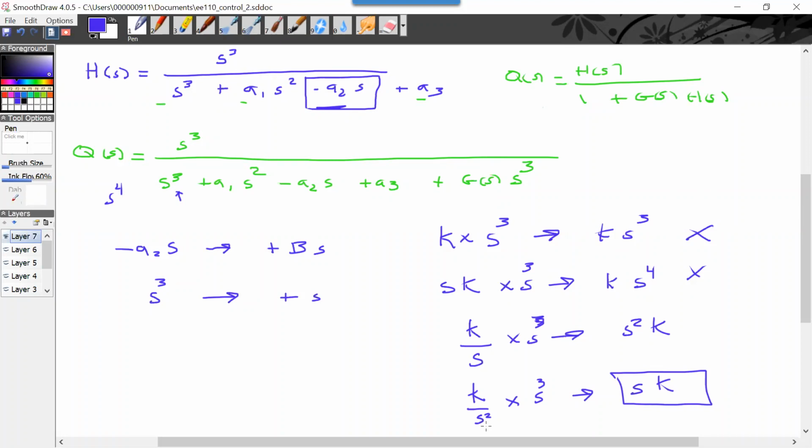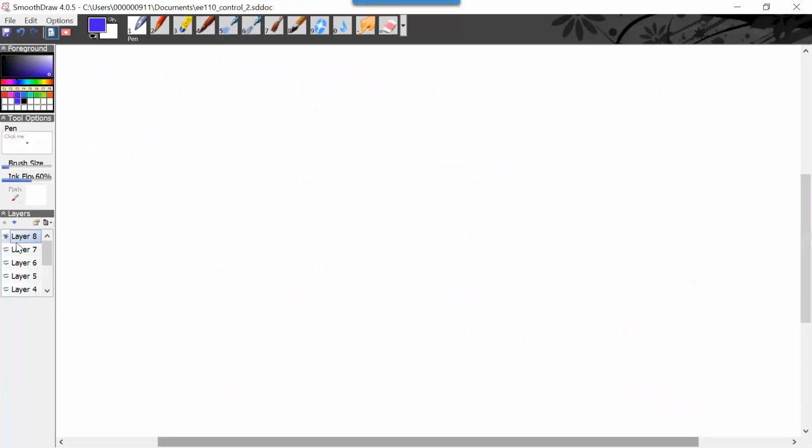So basically my transfer function needs to be a double integrator, and I should be able to get this into control. Let's rewrite that.